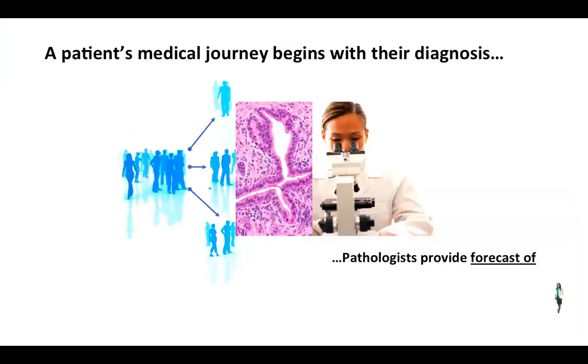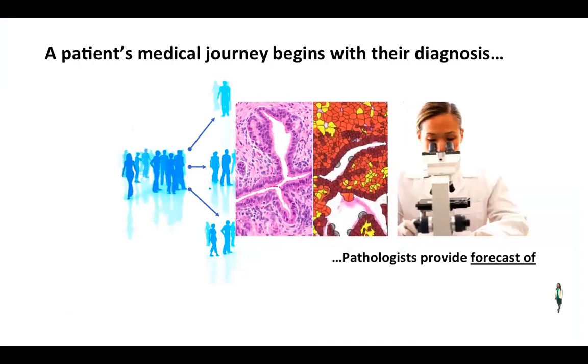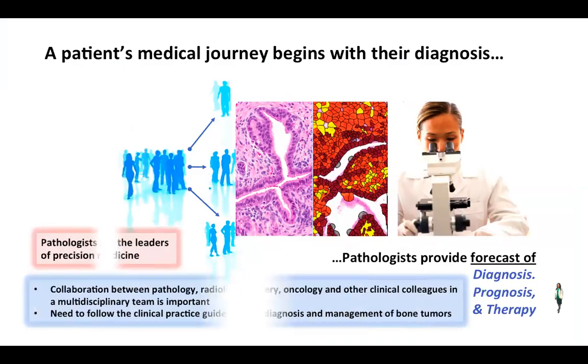As you know, a patient's medical journey begins with their diagnosis. Pathologists provide diagnosis, prognosis, and predictive information for therapy. So that puts pathologists in a really strategic position. We are positioned as the natural leaders of precision medicine.